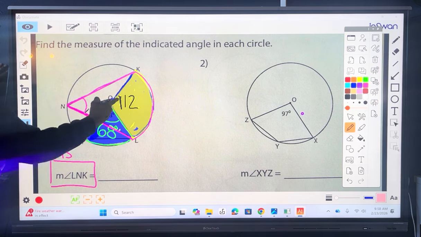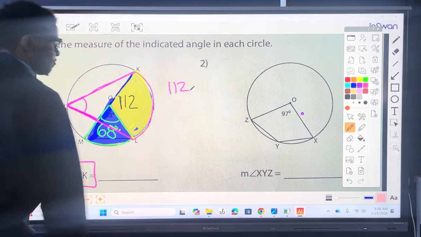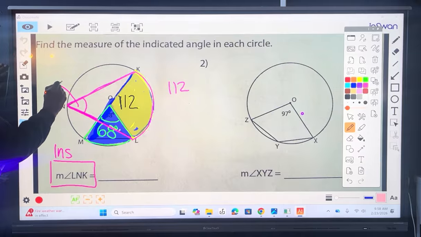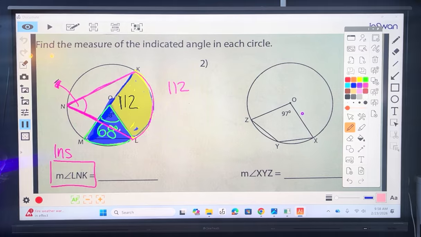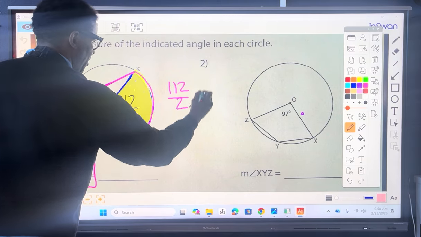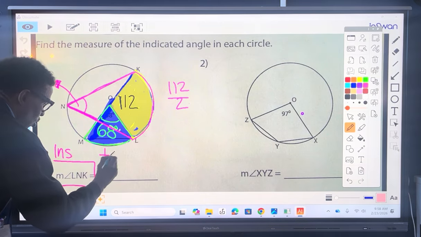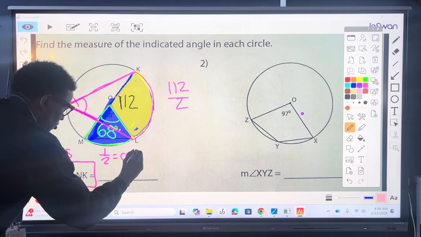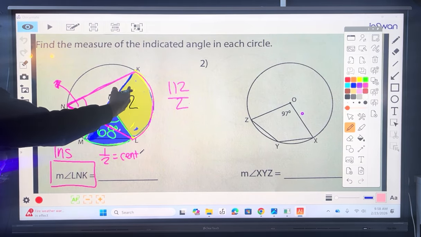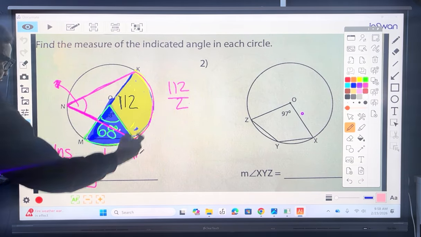What would I have to do to this 112? You have to divide it by two, because inscribed angles are half of the central angle. So our answer should be 56.